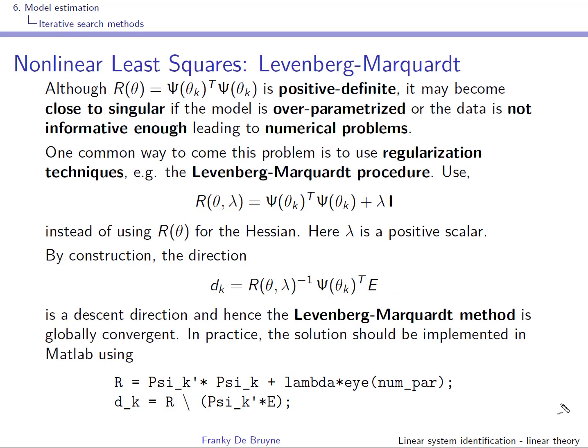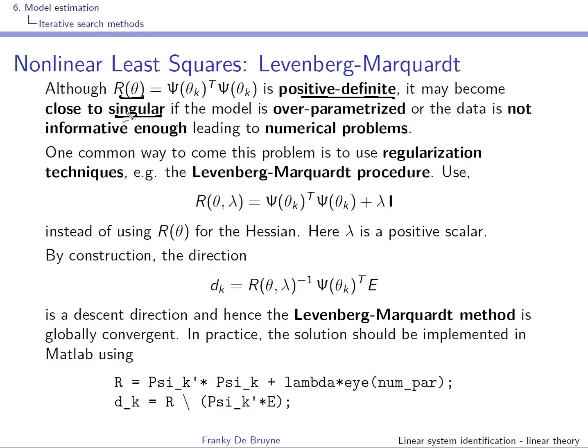Well, we have seen how you can obtain the Gauss-Newton descent direction using this matrix R theta, which is an approximation of the Hessian, and this matrix is positive definite. You could still have problems in the sense that this matrix might become close to singularity. Okay, so if the matrix is singular, there is no inverse.